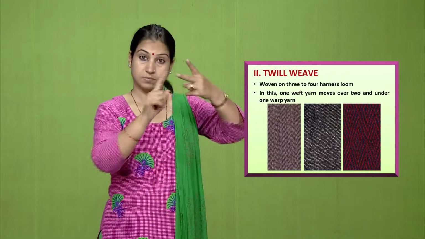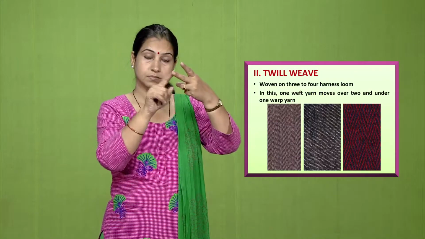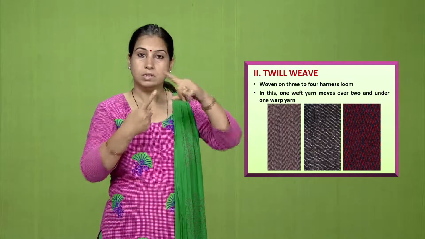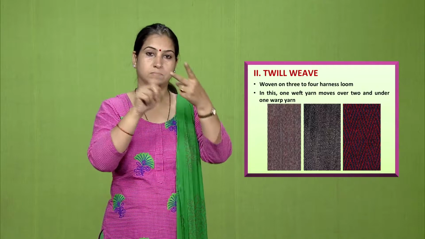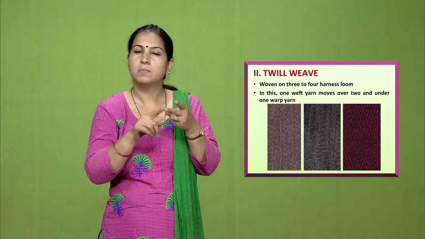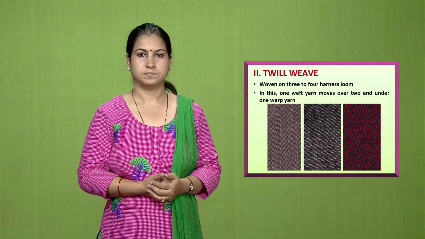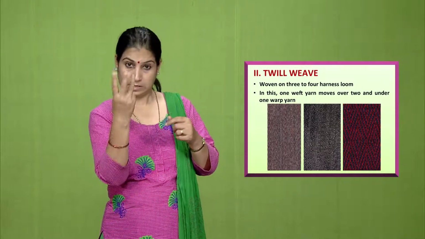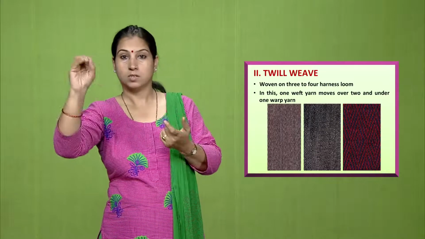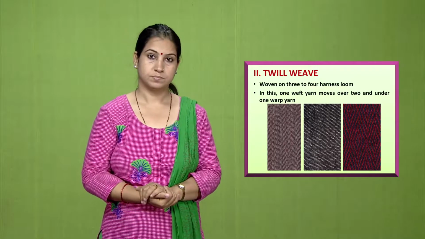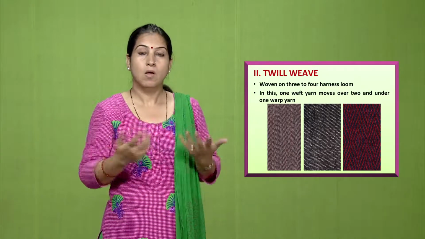The second weave we will talk about is twill weave, which is woven on a 3 to 4 harness loom. In this, one weft yarn moves over 2 and under 1 warp yarn.